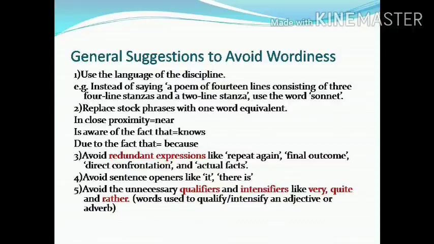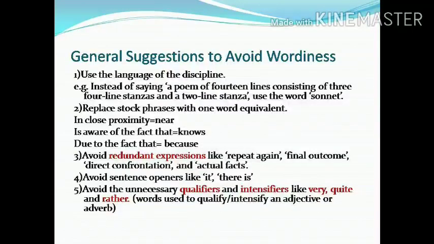Repeat means say again. So just use repeat. Final outcome. No need to say final outcome. Just say outcome. Actual facts. Facts are always actual things. So no need to say actual facts. Just say actual things or factual things.